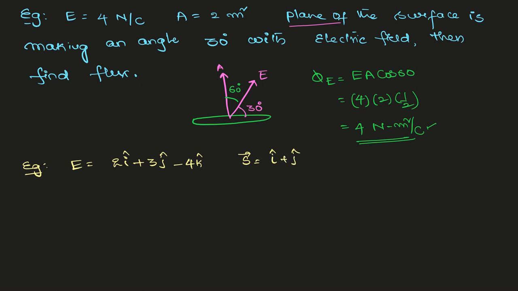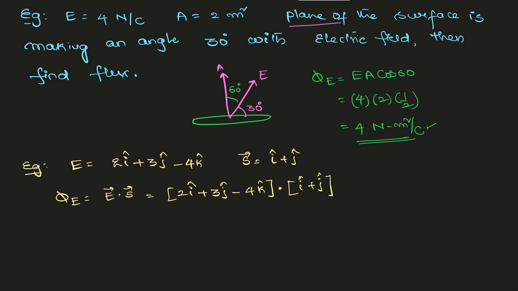Then they will ask what is the flux through the given surface. Then we have to go with the dot product E bar dot S bar, which will be equal to 2 i cap plus 3 j cap minus 4 k cap dot i cap plus j cap.